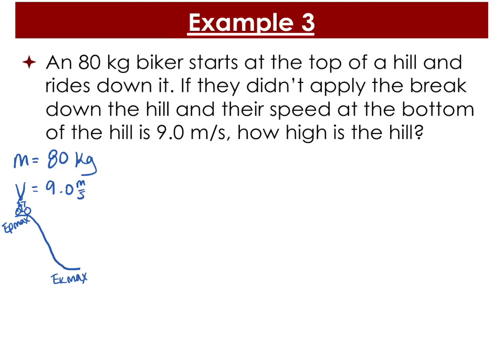So we know all potential energy is being converted to kinetic energy. But in this case, I want to know how high this goes up. So I need to know the height here, right?